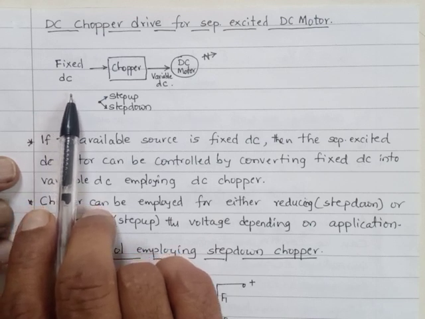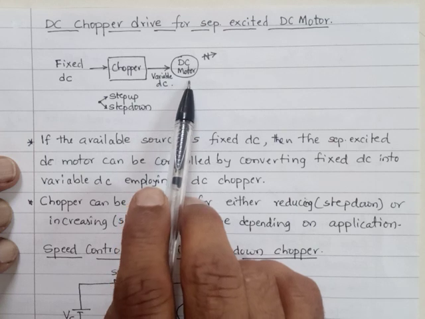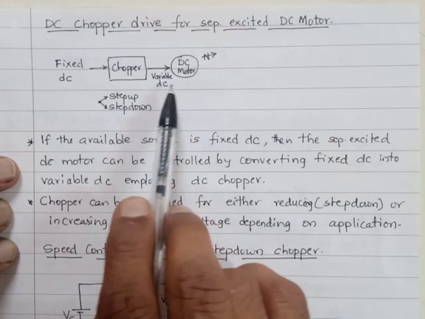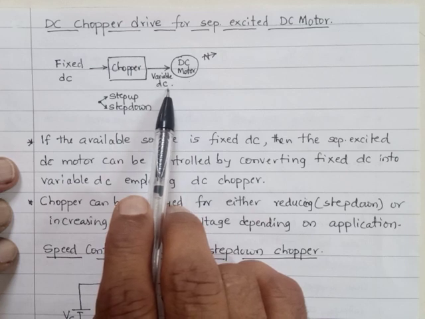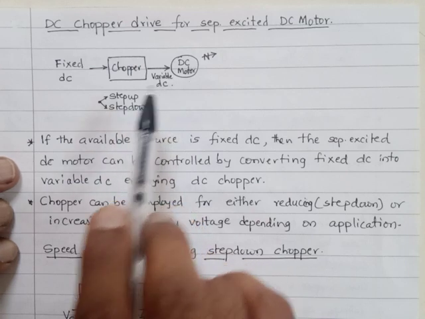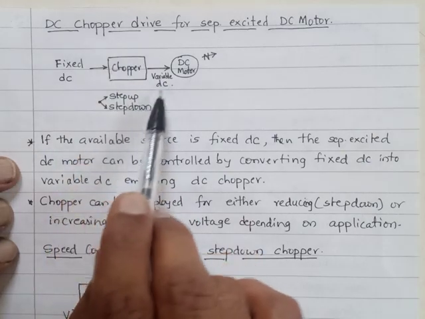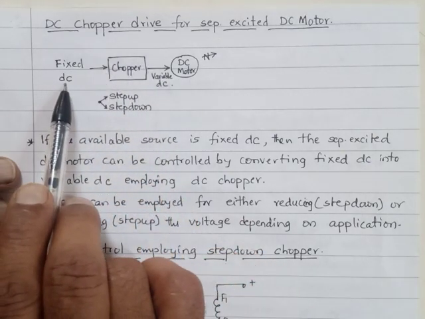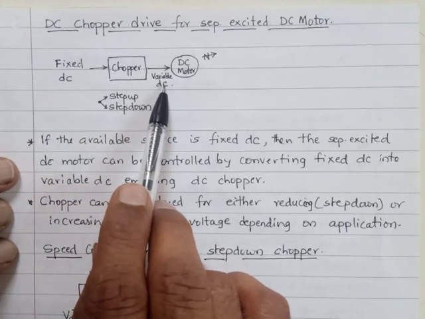We have fixed DC. We want to control a DC motor. To control a DC motor, we require variable DC. So, the approach basically boils down to varying fixed DC to variable DC.